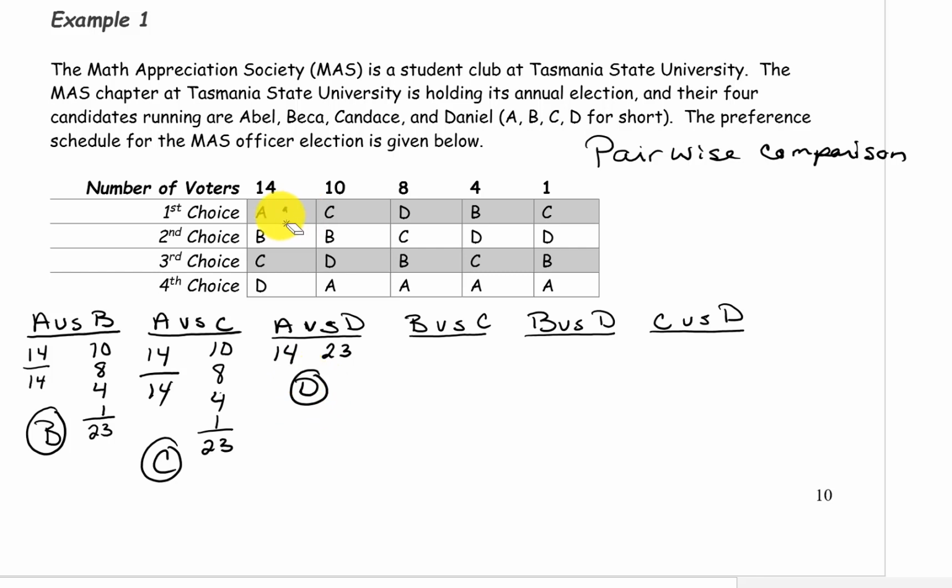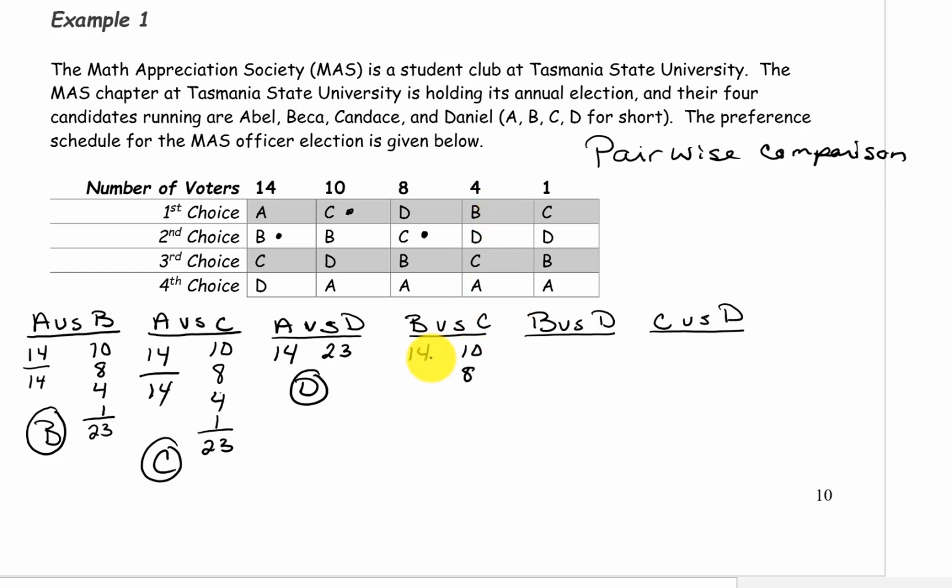Next, we'll move on to candidate B versus C. On the first 14 ballots, candidate B is on top, so B will get those 14 votes. On the next 10, candidate C is above B, so candidate C will get the 10 votes. On the next 8, C is above B, so C will get those 8 votes.